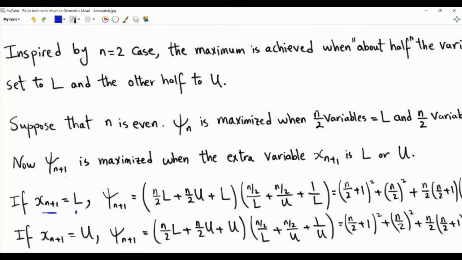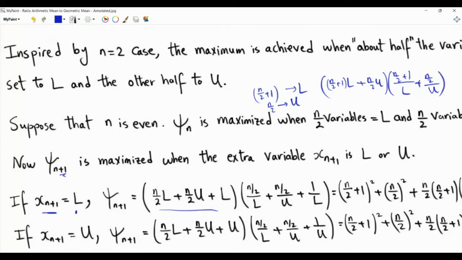Now, if we take this extra variable to be L, then we have n over 2 plus 1 variables equal to L and n over 2 variables equal to u. So the sum of the variables will be n over 2 plus 1 all times L plus n over 2 times u. And the sum of the reciprocals will be n over 2 plus 1 divided by L plus n over 2 divided by u.